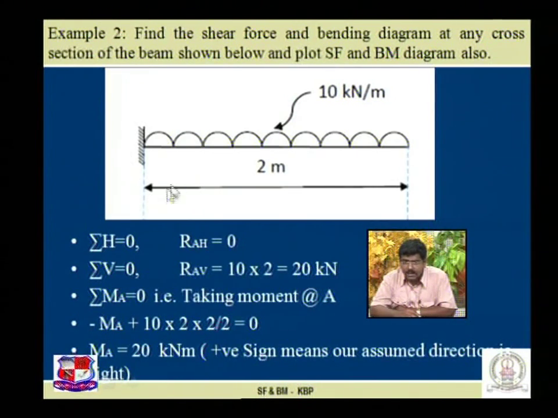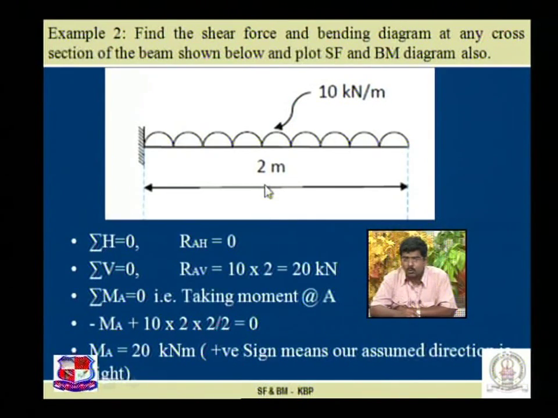As a fixed support is acting here, the third reaction is a moment. We are assuming it is in the anti-clockwise direction. So by taking moment at A, the first term is minus MA, plus the moment due to this UDL, which is positive because it creates a clockwise moment.